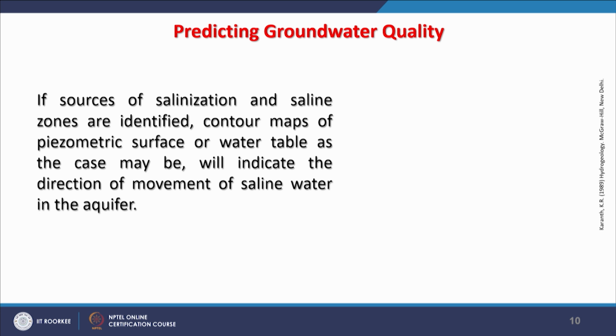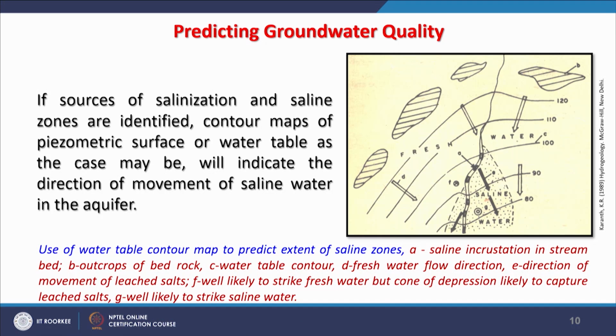So, if we can identify the sources of salinization and saline zones are identified, contour maps of the piezometric surface or water table, as the case may be, will indicate the direction of movement of saline water in the aquifer, as shown here also.